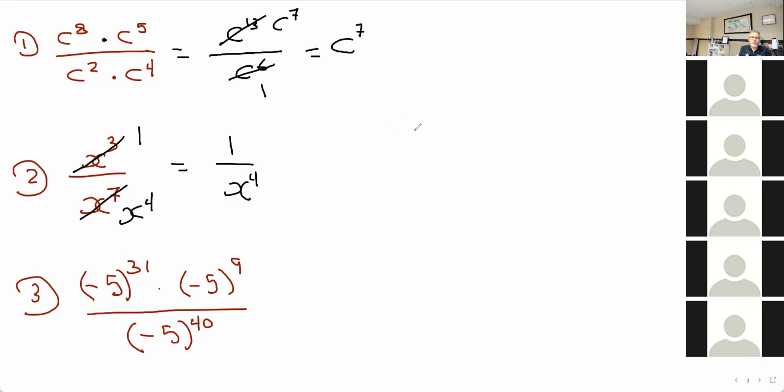So if we have 4x to the 3, y to the 9 over 16, x to the 10, y to the 5.